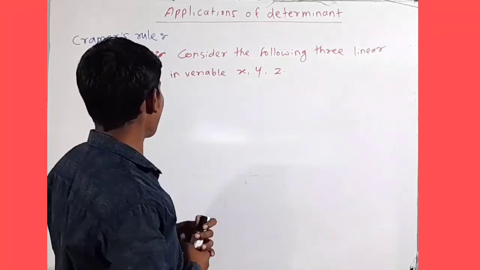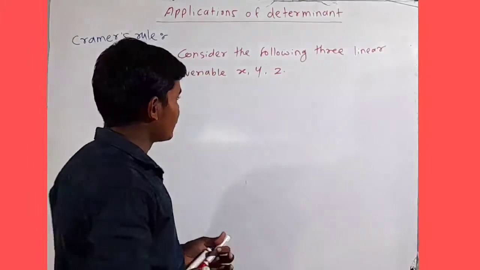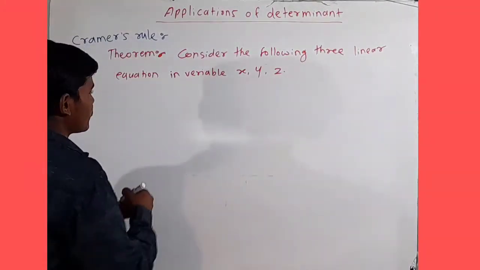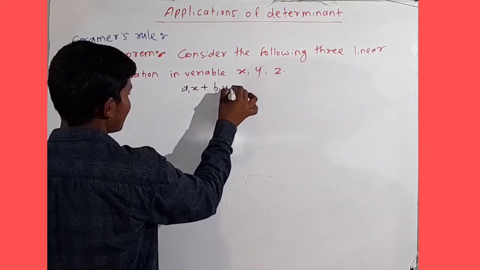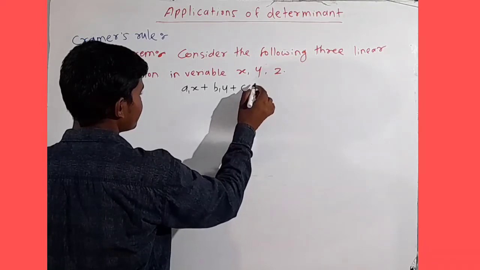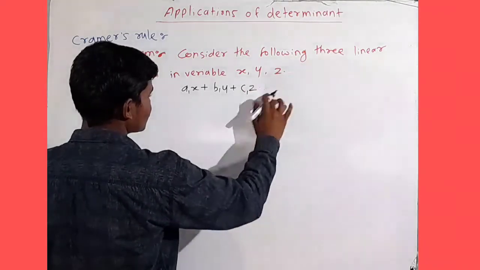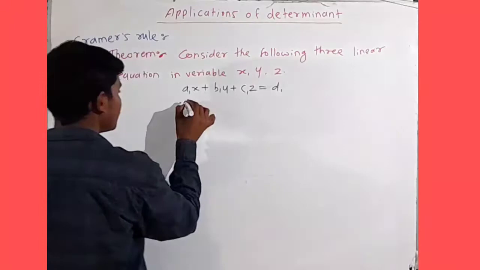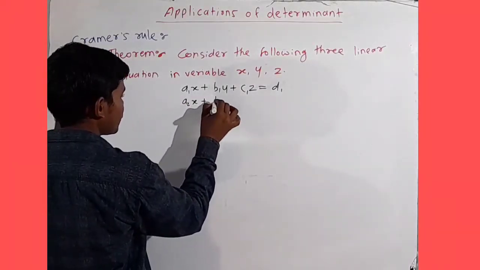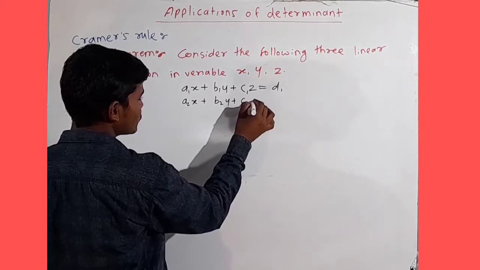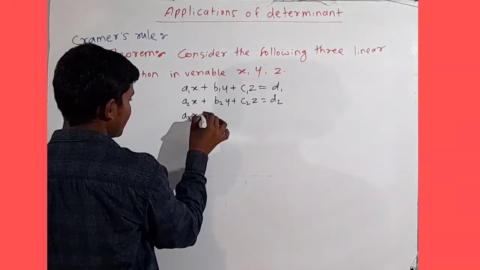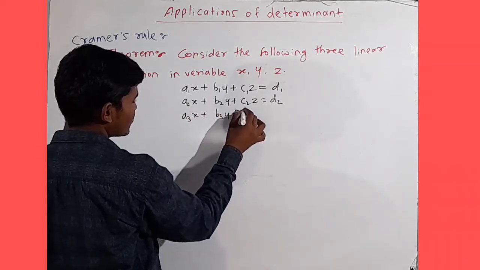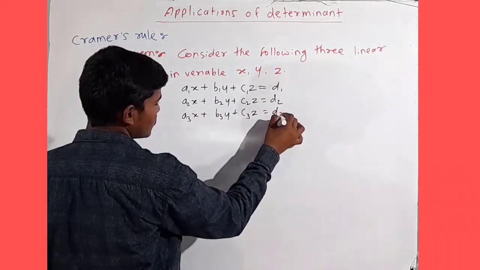In linear algebra, Cramer's rule is very important to solve linear equations, and the equations are a1x plus b1y plus c1z equals d1, a2x plus b2y plus c2z equals d2, and a3x plus b3y plus c3z equals d3.